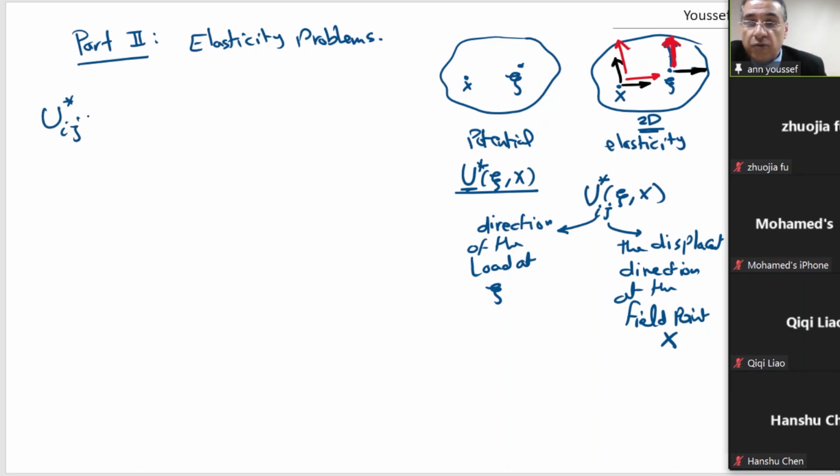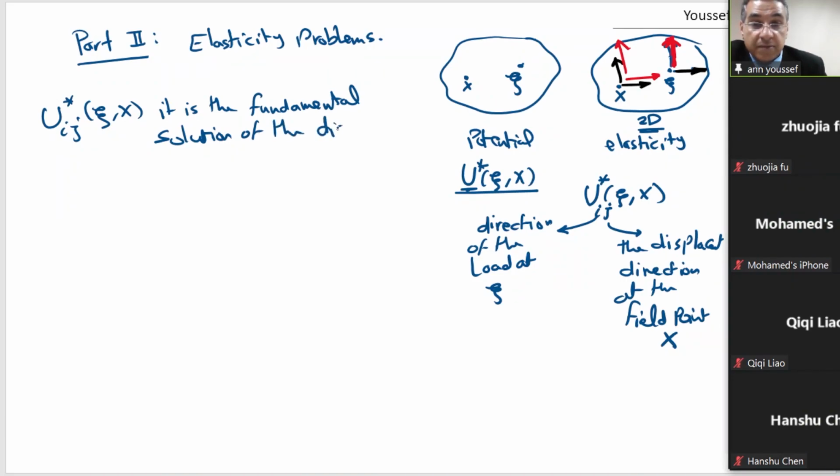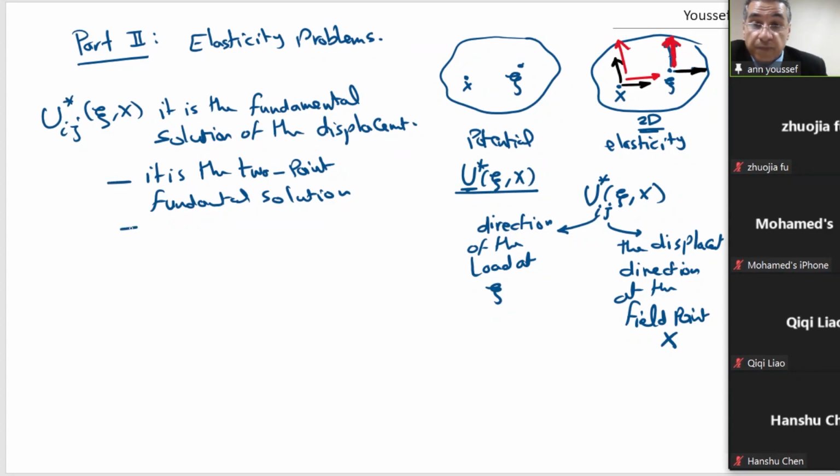So when I define U asterisk ij of xi and x, it is the fundamental solution of the displacement, or the 2-point fundamental solution, or the free space Green function of the displacement. Why 2-point? Because we have xi and x.